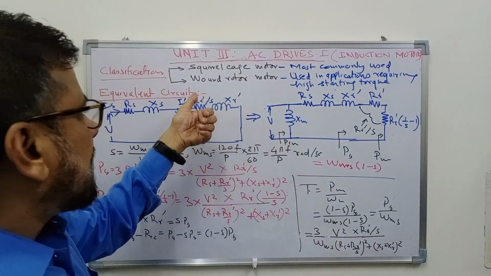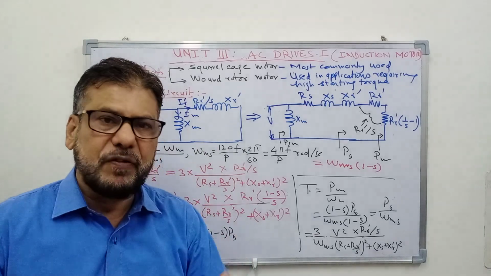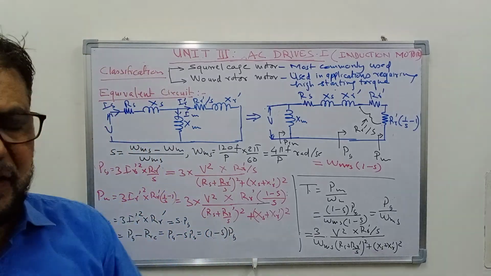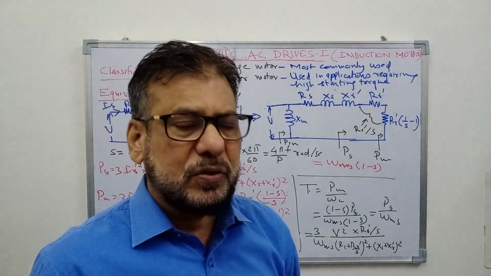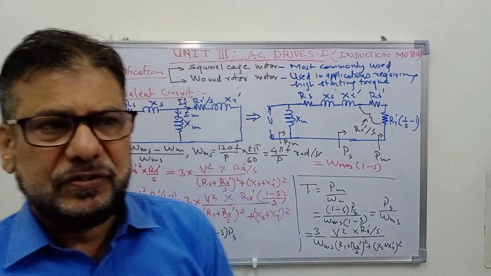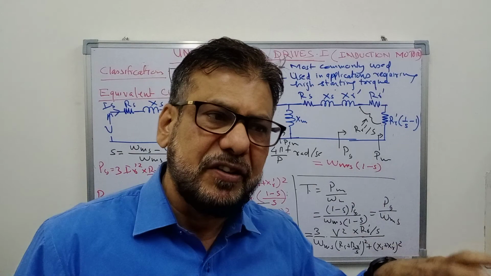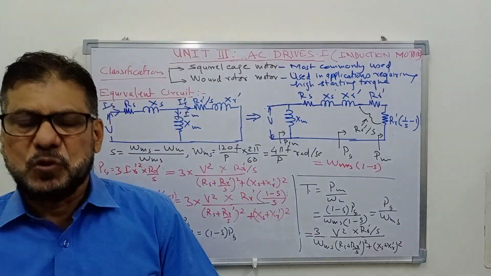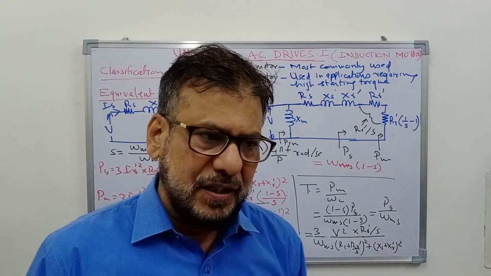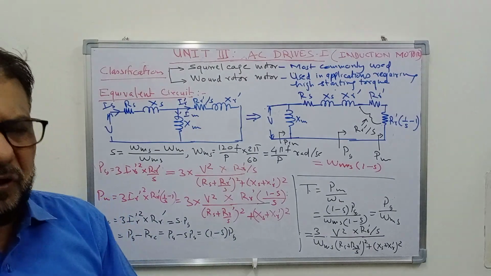Whereas in the case of wound rotor motor, we have proper three-phase winding on the rotor side. Terminals are brought out through slip rings and brushes, and we can manipulate the quantities on the rotor side. We can insert resistance, we can insert some voltage there, we can short circuit it. So it is our choice.